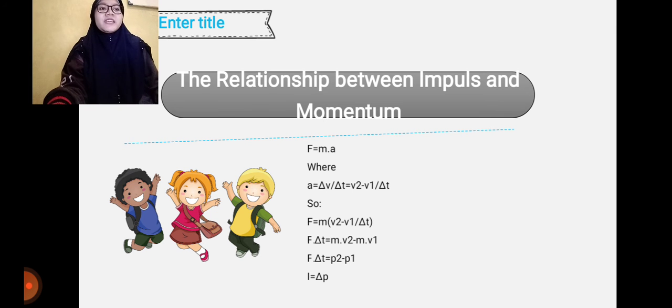So F is m multiplied by (v2 minus v1) divided by Δt. F × Δt = m × v2 minus m × v1. F × Δt is momentum 2 minus momentum 1. I is the change in momentum.